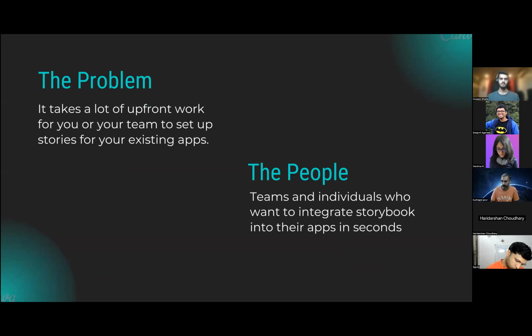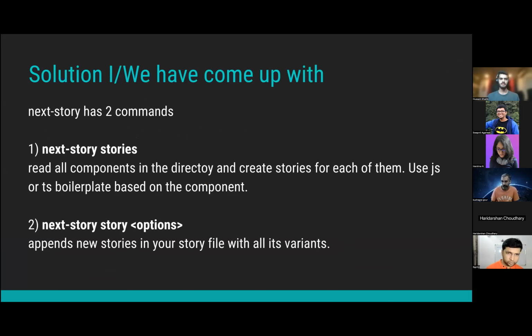Once you initiate the Storybook CLI, you have to create all your components. There may be 50 to 100 components which need Storybook stories. So this is where I created a solution. I created a CLI app which has two commands at the core. One is stories, for when the team is shifting to Storybook for the first time.